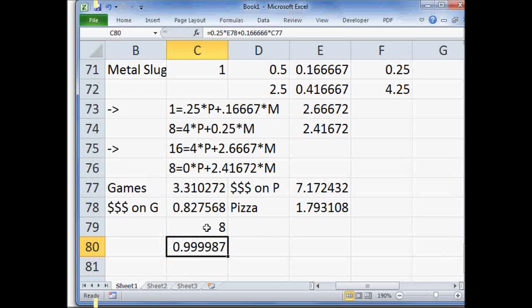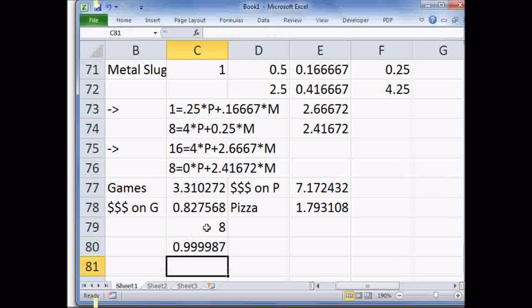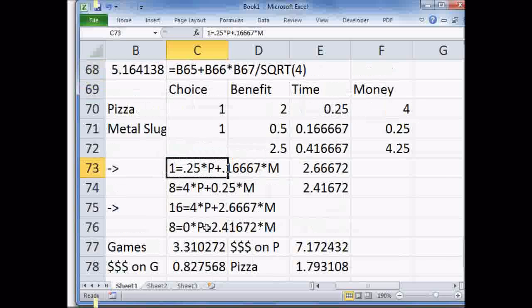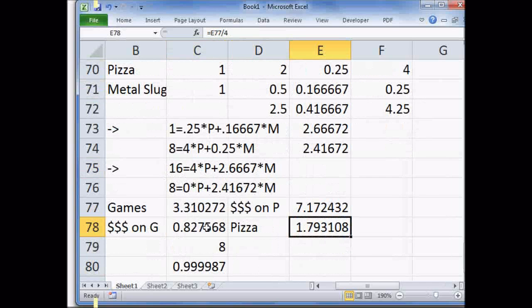Subject to some rounding error, obviously. Notice now we have kind of this weird result where we are eating 1.79 slices of pizza and playing 3.3 games of Metal Slug.